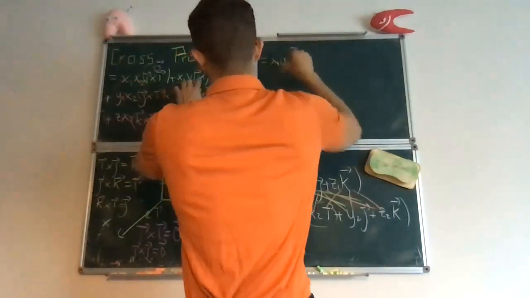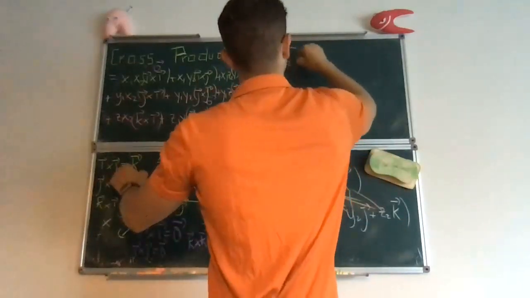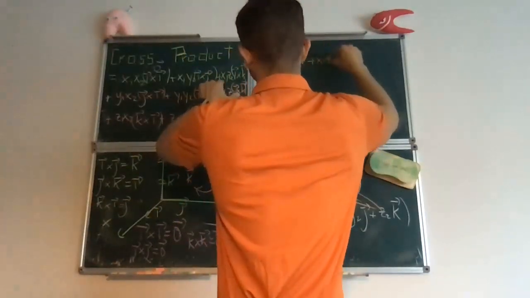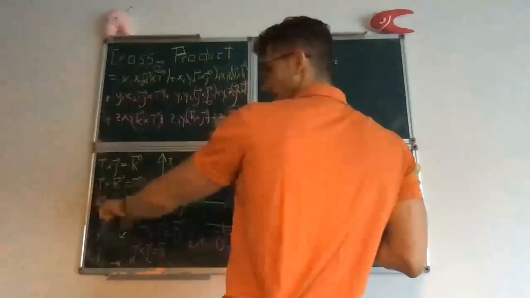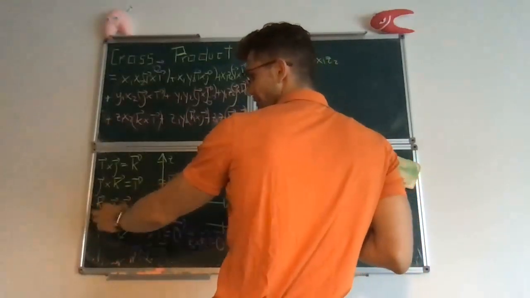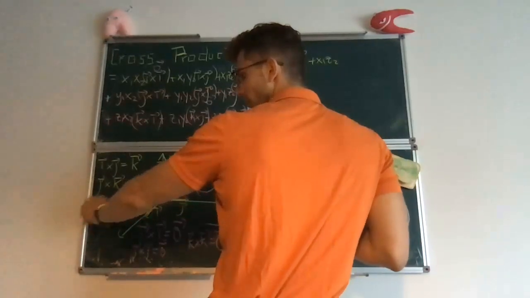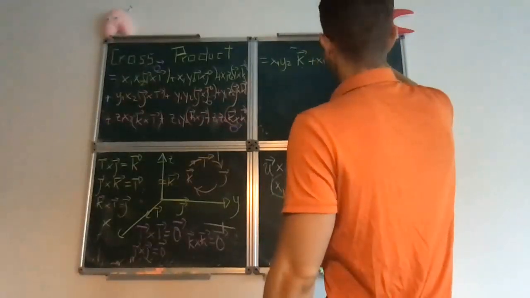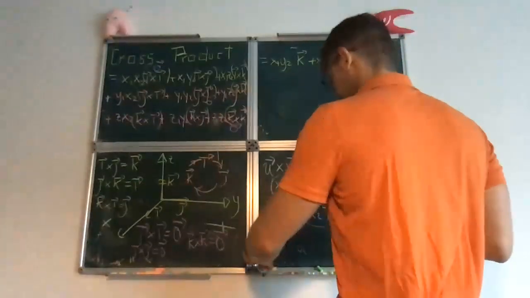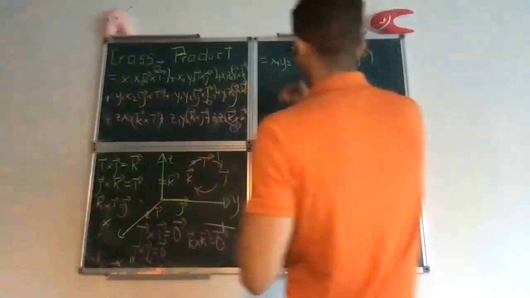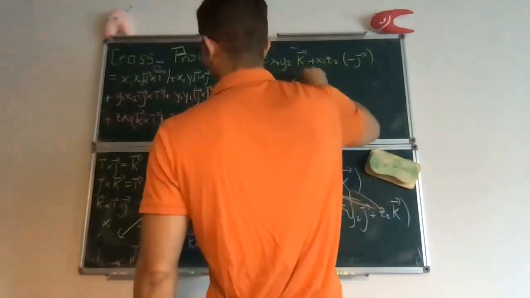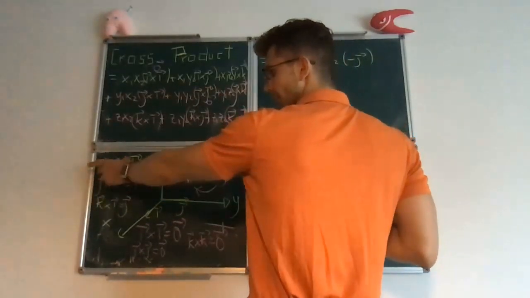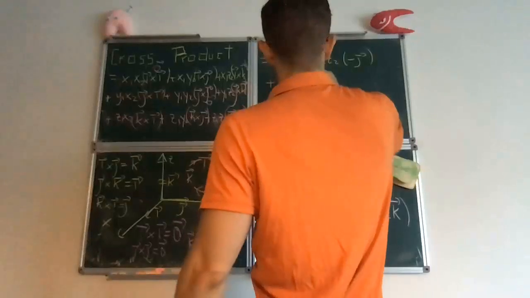So this gives you x1 y2, i cross j is k. Then you get x1 z2, i cross k. i cross k is not quite here. You have k cross i, but remember that you can reverse the order if you put a minus sign. So you put minus j instead. Then you put plus y1 x2 j cross i. j cross i again is not here, but if you reverse it, it will appear at the expense of flipping a sign.